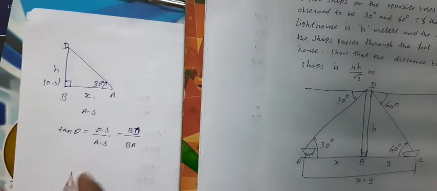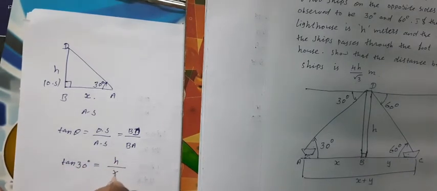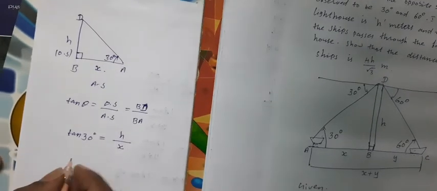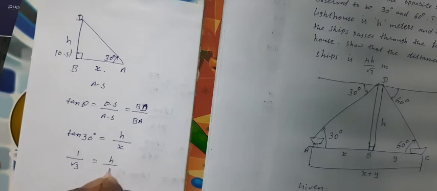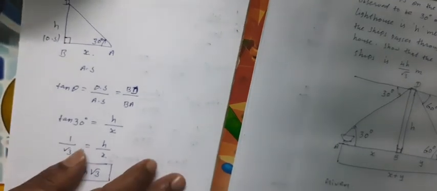Here theta is 30 degrees, so tan 30 degrees is equal to h by x. The value of tan 30 is 1 by root 3, so 1 by root 3 is equal to h by x. Cross multiplying, x is equal to h root 3. So the first result we get is x is equal to h root 3.